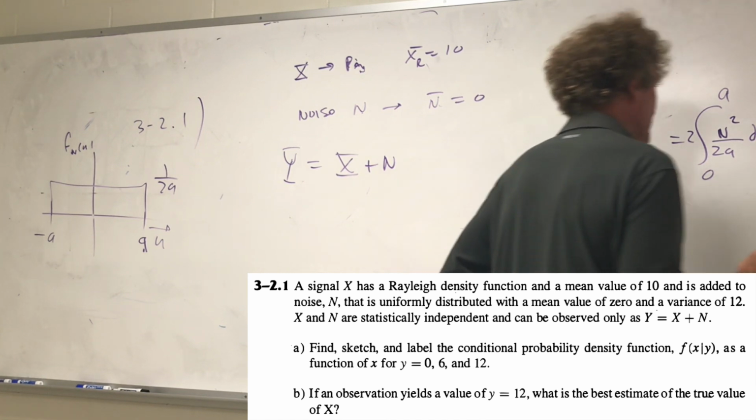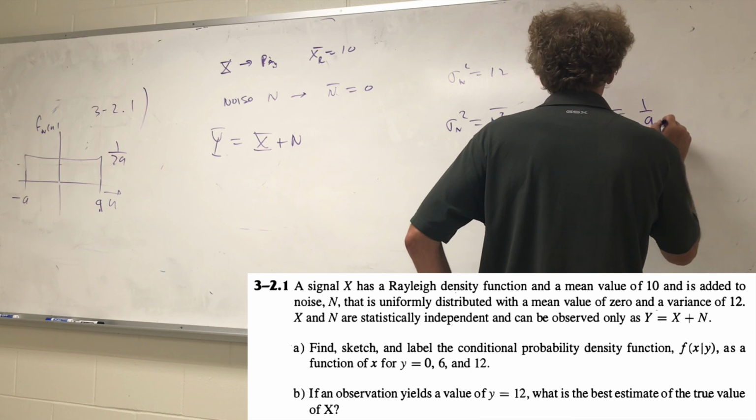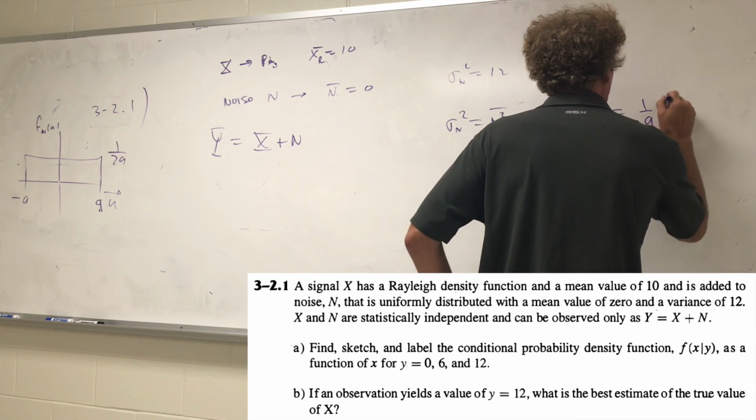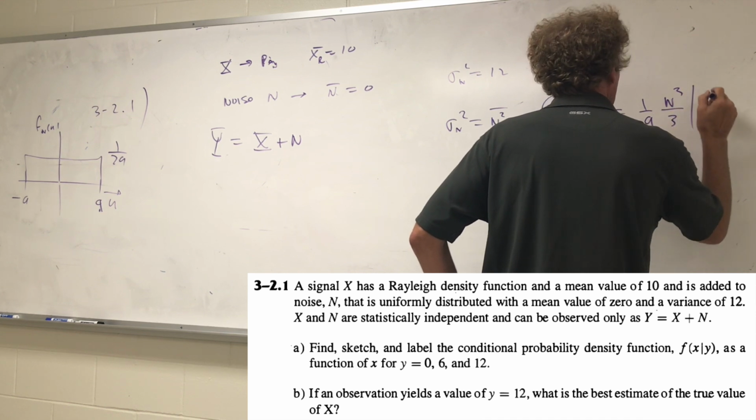That should be my sigma n squared. Let's see what we get here. We got 1 over a, and then I integrate n squared, so it's n cubed over 3 from 0 to a.